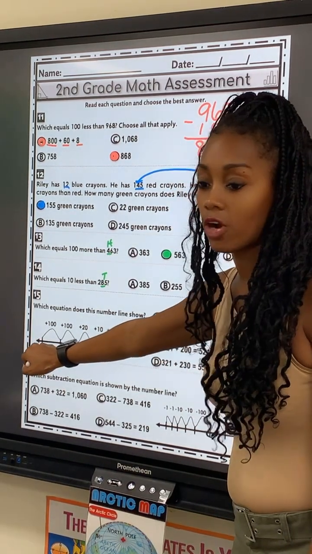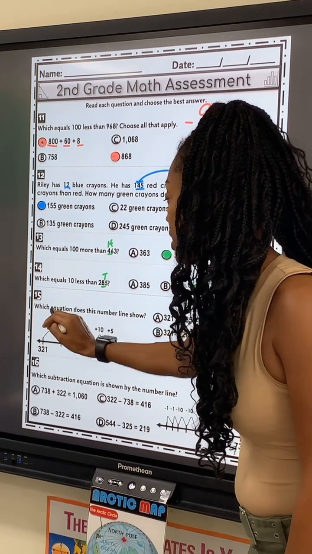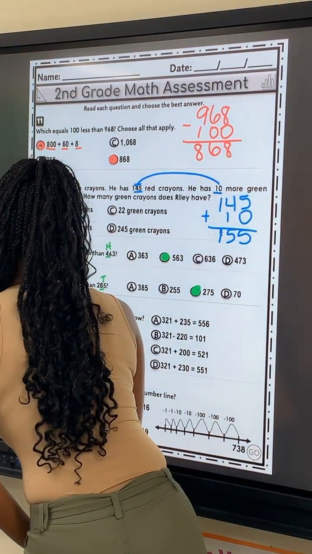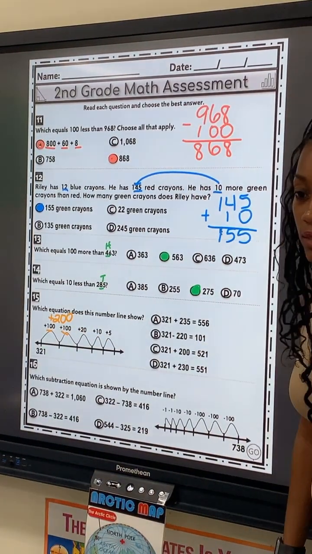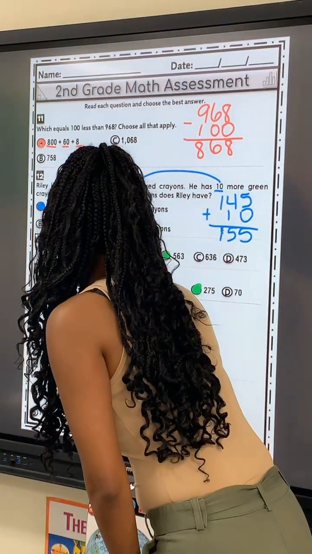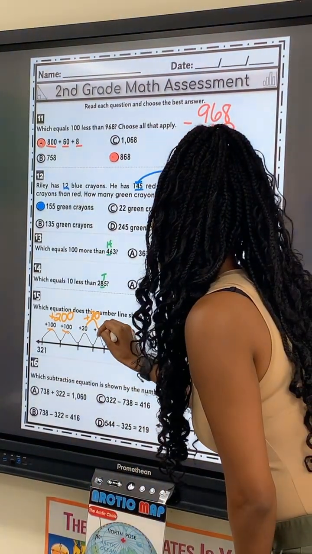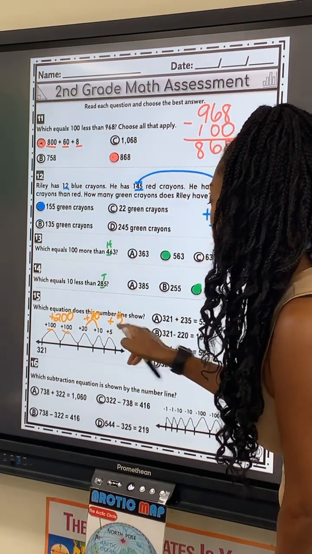Looking at number 15, it says, which equation does this number line show? My number line starts at 321. I jump 100, 200. So right here, I'm jumping 200. 20 plus 10 is? 30. So I'm jumping another 30 plus 5. So altogether I jump 235.